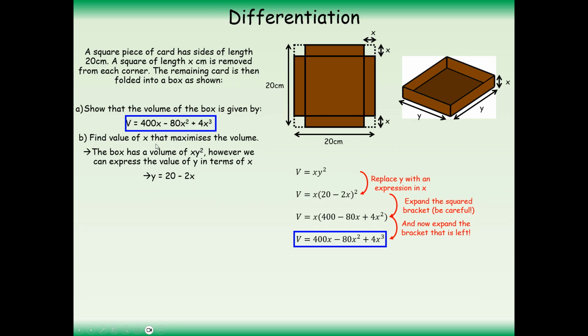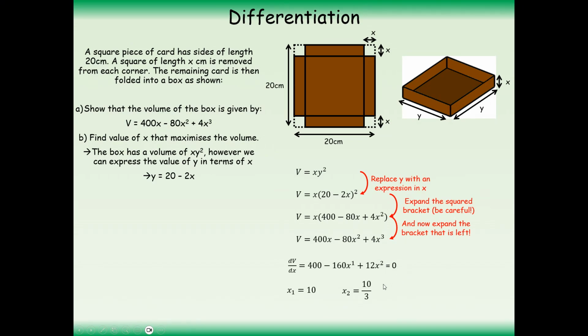And to find the value of x that maximizes the volume, that means to differentiate it, set it equal to 0, and you get two values. Which of these x values makes sense? It wouldn't make sense to be 10, because if x was 10, we would have cut out halfway of 20 from there and halfway of 20 there, and we would have zero volume.